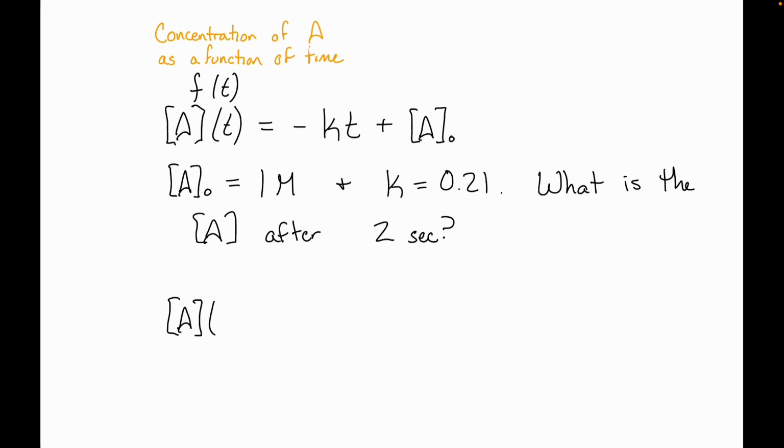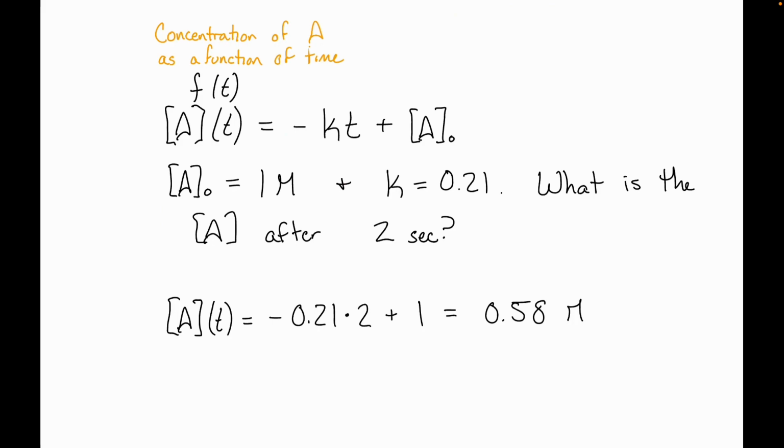A as a function of time is negative 0.21 times t, which is 2 seconds, plus my 1 molar, and I get a concentration of now 0.58 molar after 2 seconds. So my reaction's already about halfway done at this point. But you can then predict for any point in the future what your concentration of A would be.